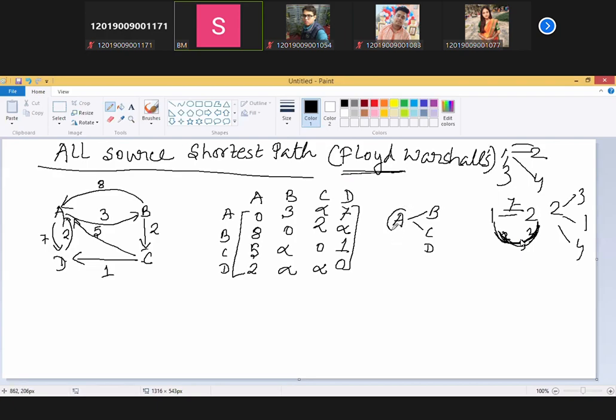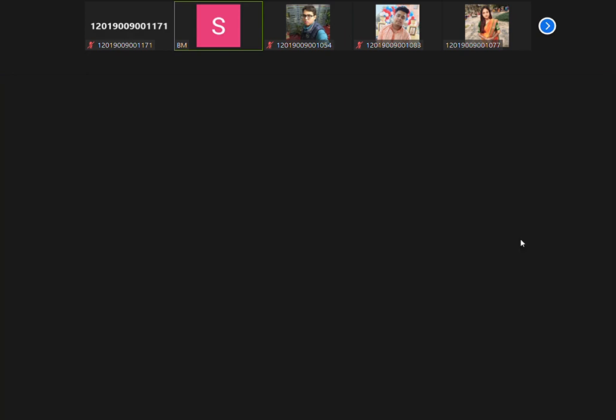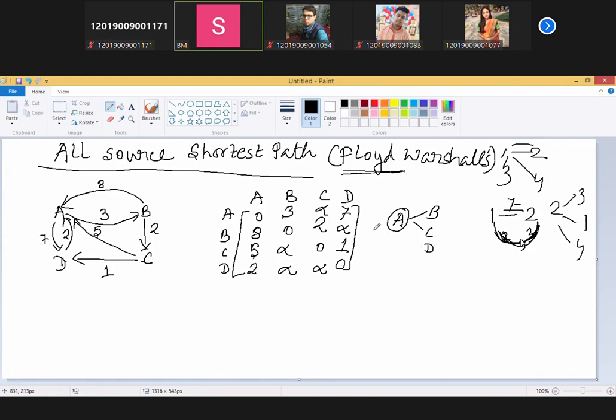Every time I will fix one node and find the distance with the others. That fixed node will be considered as the intermediary, and I will take the information of that node row-wise and column-wise in an intact format.